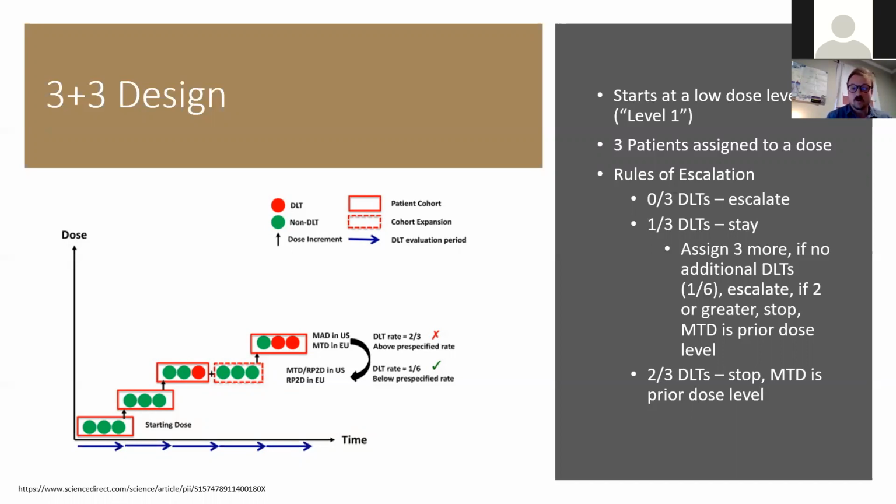Therefore, a dose level that's too low might be very well tolerated, not very toxic, but it's unable to induce sufficient efficacy. While a dose level that is too high can be very potent and efficacious, but very toxic, so patients can't tolerate it. So what we're trying to do is find a drug that is efficacious, but not too toxic.